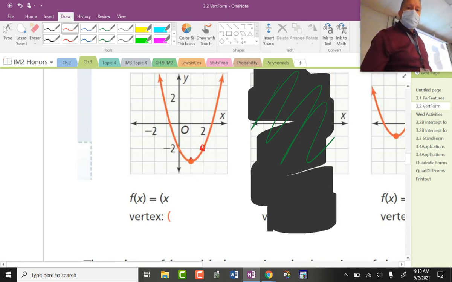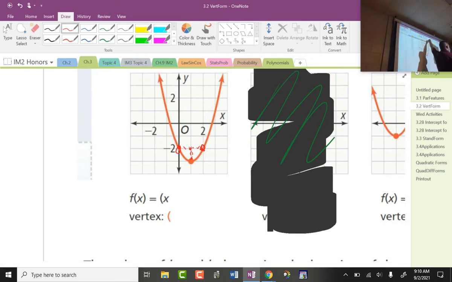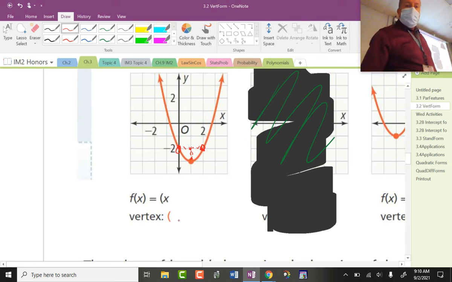Rise one, run one. Rise one, run one. Stop there. There is no more slopes like that. The next critical point is 3 over 1 away. I think the next one's 5 and 1 over, but you don't have to know that. That's actually true how these work as we move through the chart of values. So we know the vertex is 1 comma negative 3.